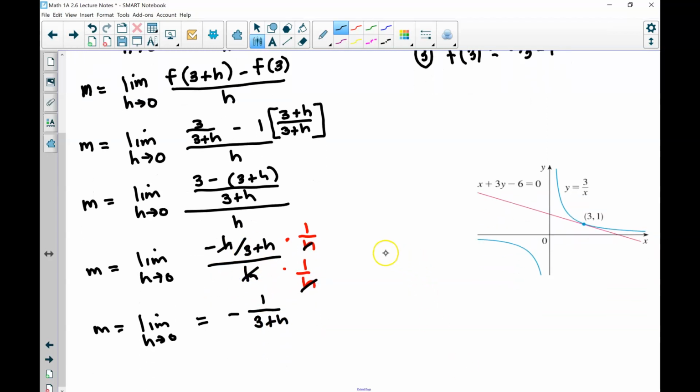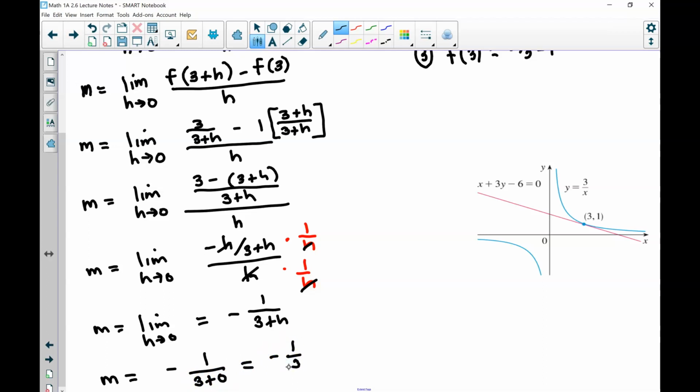Now we're able to evaluate it when h approaches 0. So we're going to get m, which is equal to negative 1 over 3 plus 0, which is equal to negative 1/3.